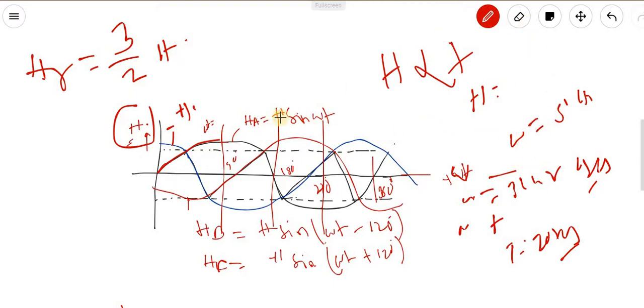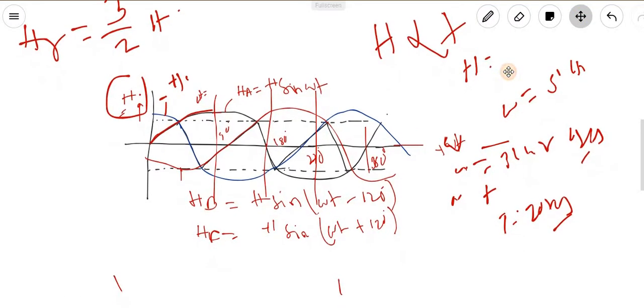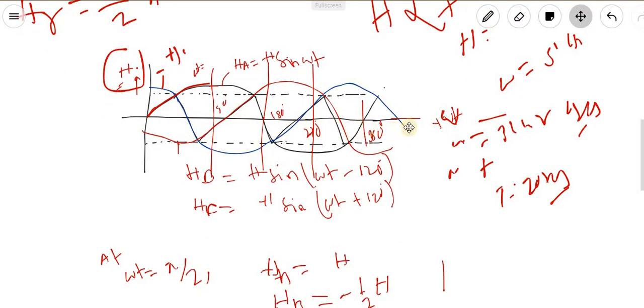Okay, now how will it be shown? So clearly, suppose here we are taking on this axis omega t. If it is omega t, it will definitely be an angle. If it is angle omega t, it is 120 degrees, so it will also be an angle.